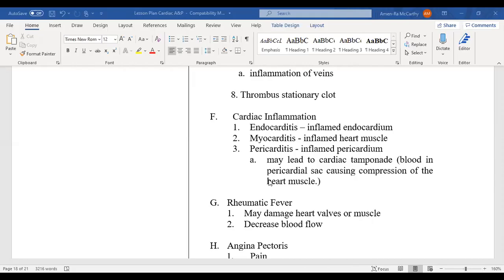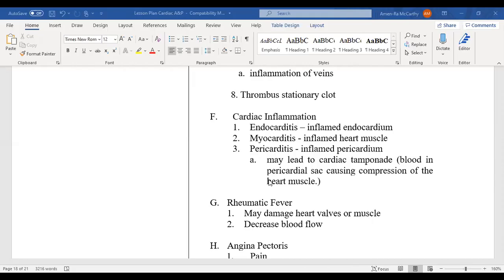So if the pericardium becomes inflamed, then it's pericarditis, inflammation of the pericardium. If the outer layer of the heart becomes inflamed, it's called the what? Epicarditis. What if the inner layer of the heart becomes inflamed? Endocarditis. And if the muscle part of the heart becomes inflamed, it's myocarditis.